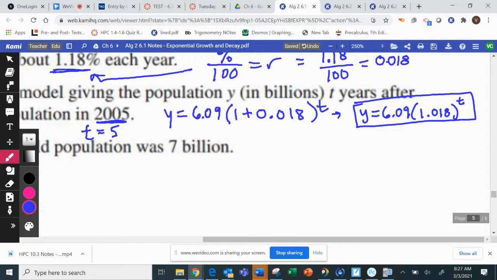And then it also says estimate it in 2005. So we're going to find the Y when T is 5. You think I want you to do that by hand? Most definitely not. So use your calculator.